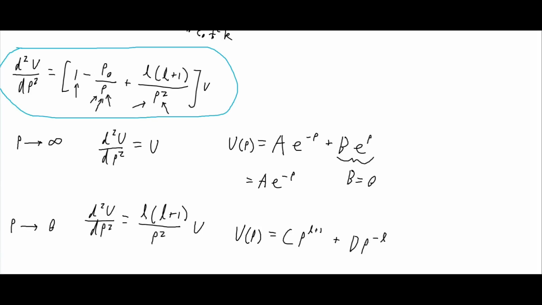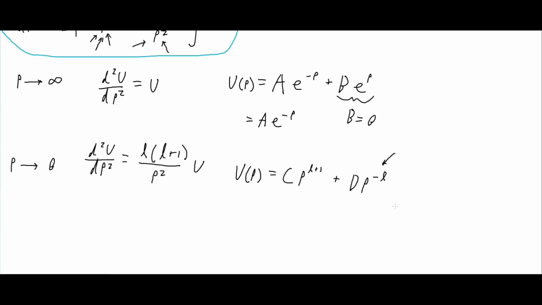But once again, we see that this is going to blow up to infinity as rho goes towards 0, because we can essentially think of rho to the minus L as 1 over rho to the L. And so as rho goes towards 0, this is going to blow up towards infinity, so we want to set d equal to 0, and so we're going to have this be equal to some constant times rho to the L plus 1.